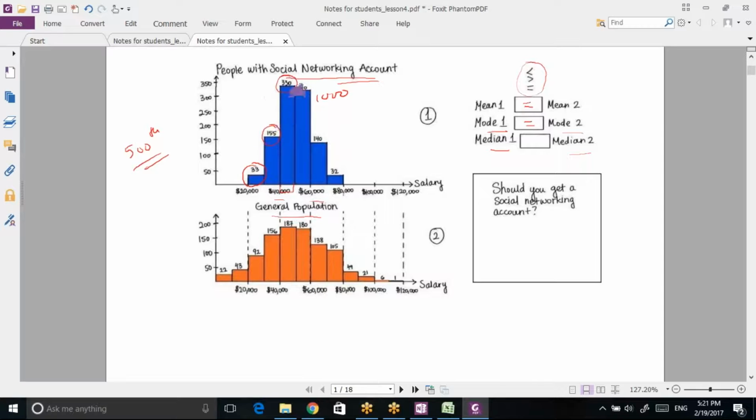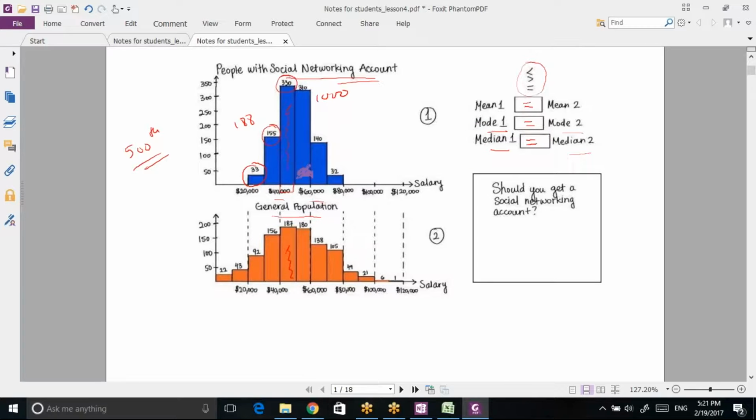If we add 33 plus 155, that is 188, so the 500th will be in this bar only. Getting it, Venu? Yeah, 518. Yes, it will be somewhere in between this bar. Similarly here also, it will be in this bar only. So the median is also similar.